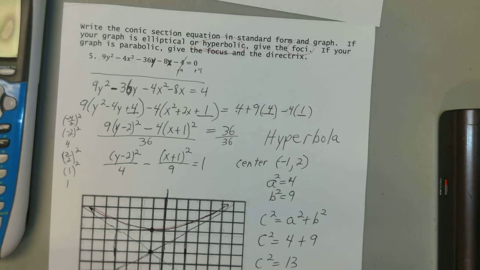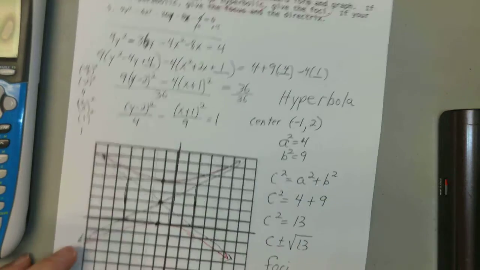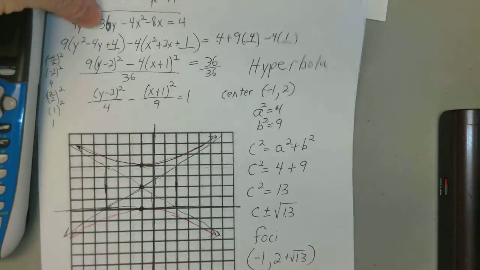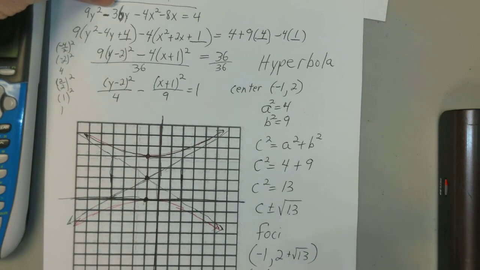So the foci are at -1 and 2 plus the square root of 13, and -1 and 2 minus the square root of 13. That's where the two foci are.